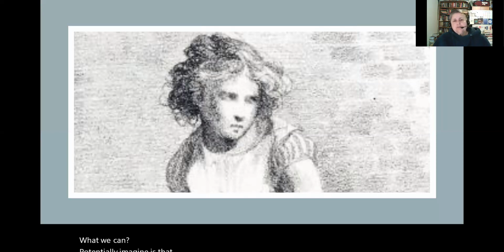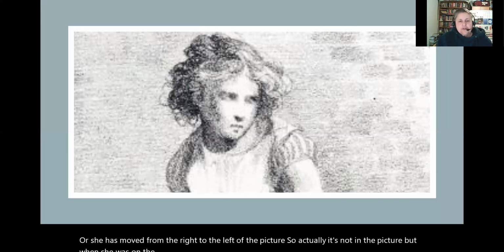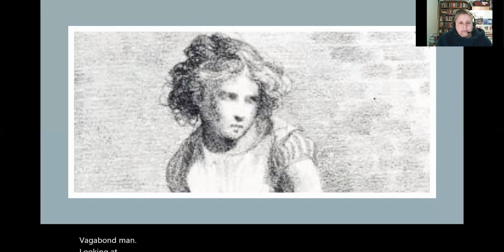she's moving, or she has moved, from the right to the left of the picture. So actually it's not in the picture, but when she was on the street, probably the first thing that her and the young toddler saw was our vagabond man, looking out of sorts, looking probably quite somber and looking quite scary.